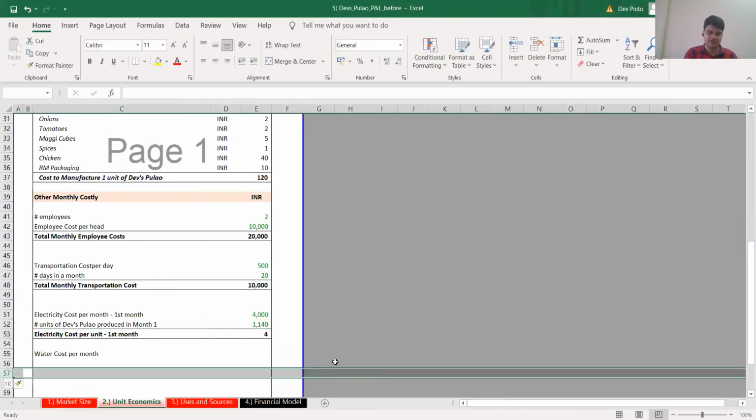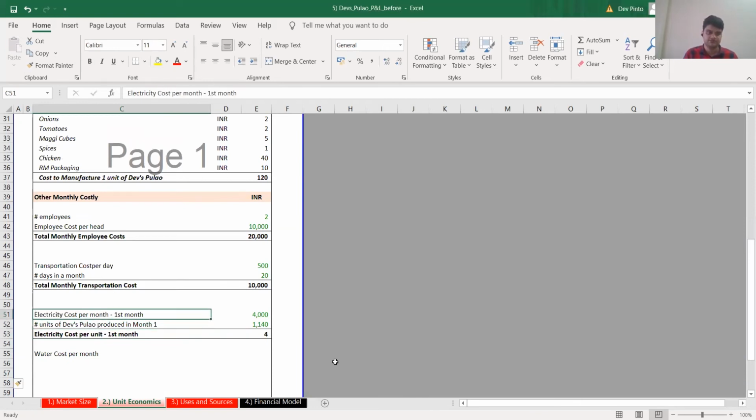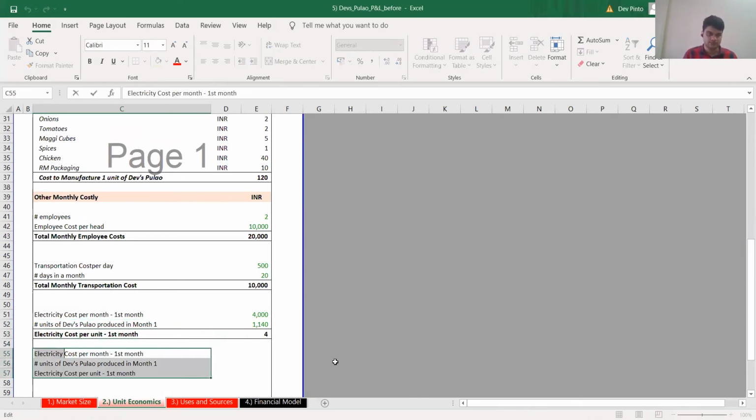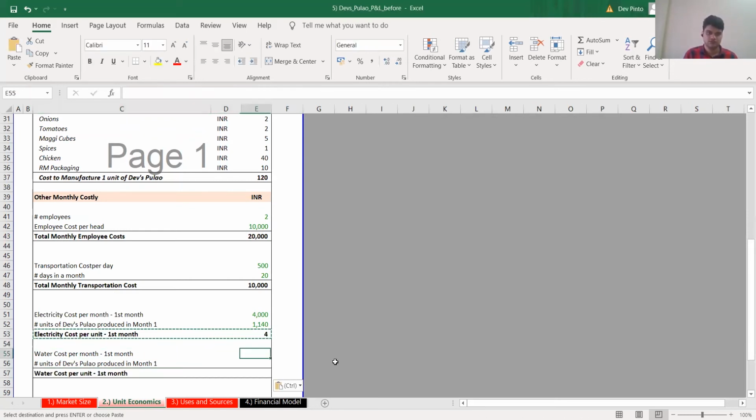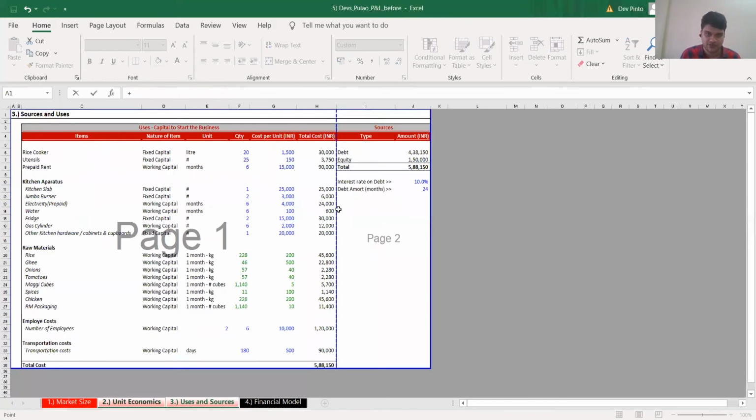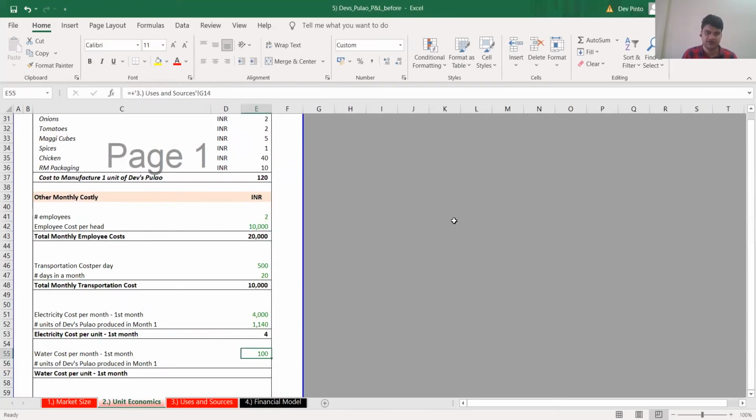Let's do the same thing for water and gas. Water cost: budgeted 100, number of units. Let's just copy it from here.